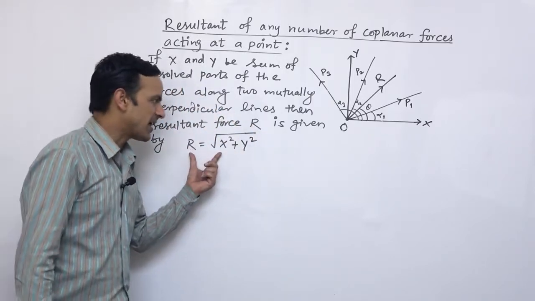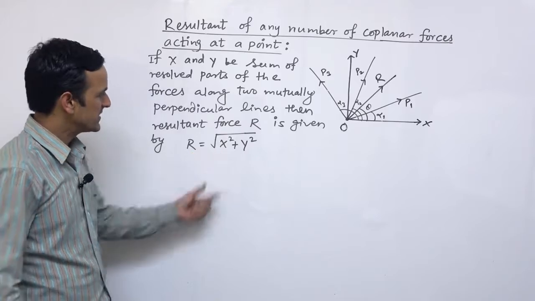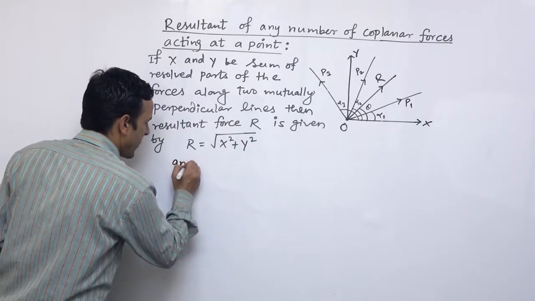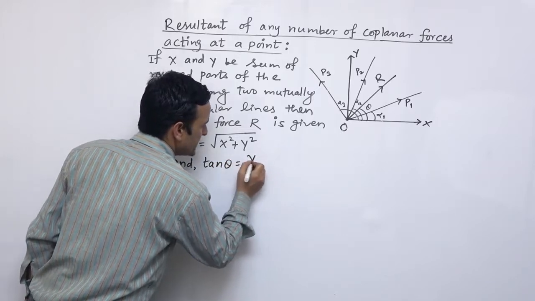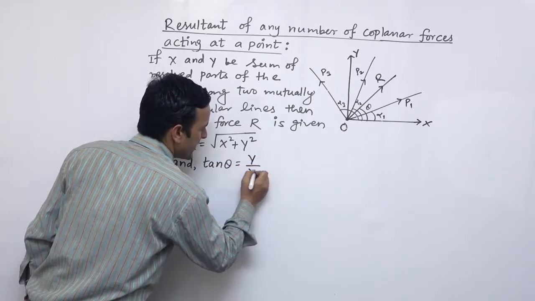So this is the formula of resultant force, and tan theta is equal to y divided by x.